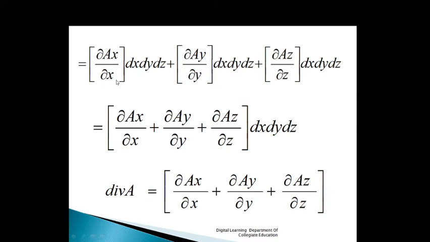Adding all the flux leaving along x, y and z, and taking dx dy dz common, where dx dy dz represents the volume of the parallelepiped.